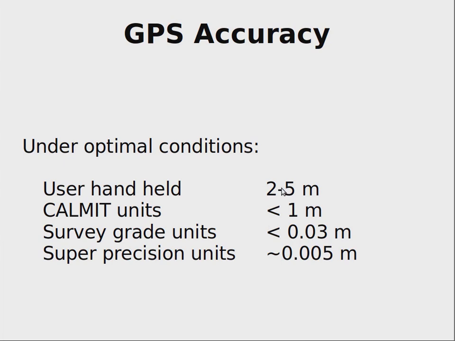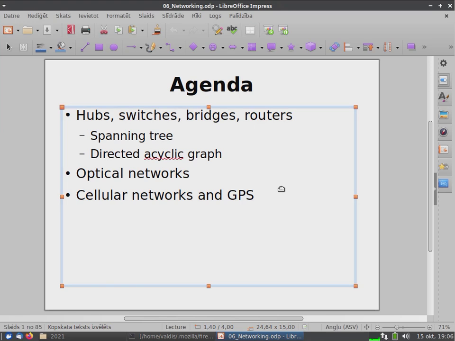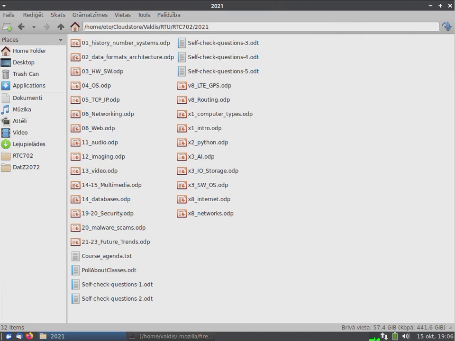And therefore, even though theoretical precision is up to centimeters for GPS, practical precision is approximately a few meters in some handheld devices like mobile phones. And I think that's it about networking and how they are used. Do you have any questions or comments on that?